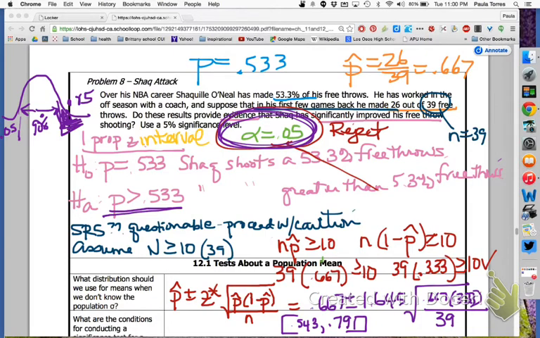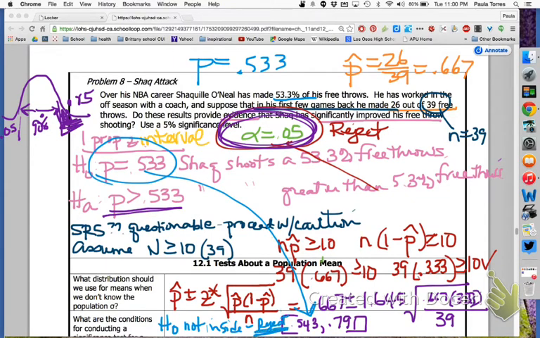And then I'm checking to see where my H naught is. Is my H naught inside? The answer is no. So I must reject.